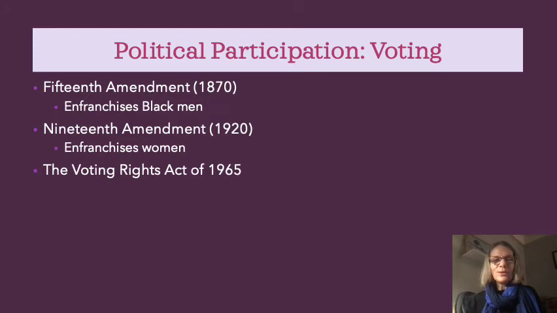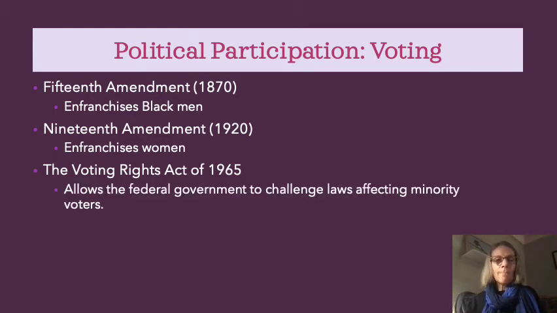It enfranchises women, and it expands suffrage to all men and all women, at least legally by law. The Voting Rights Act of 1965 basically takes that constitutional right in the 15th Amendment and actually realizes it.